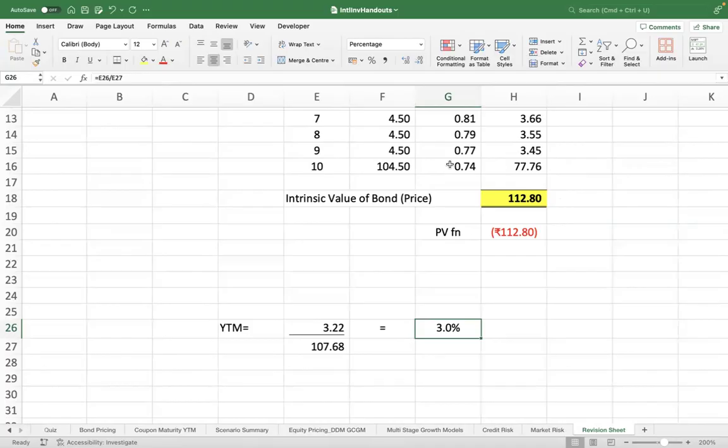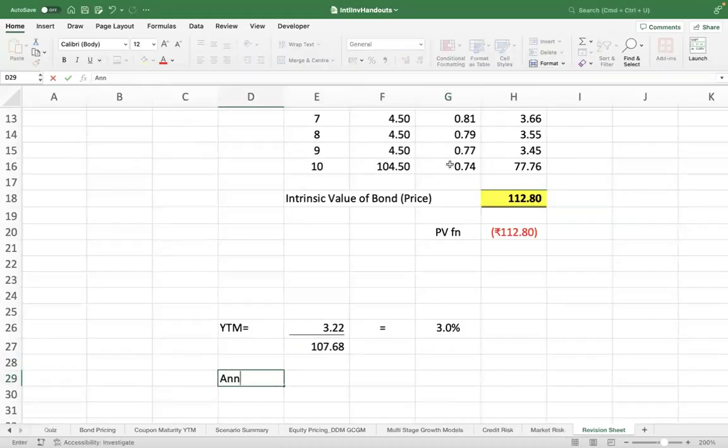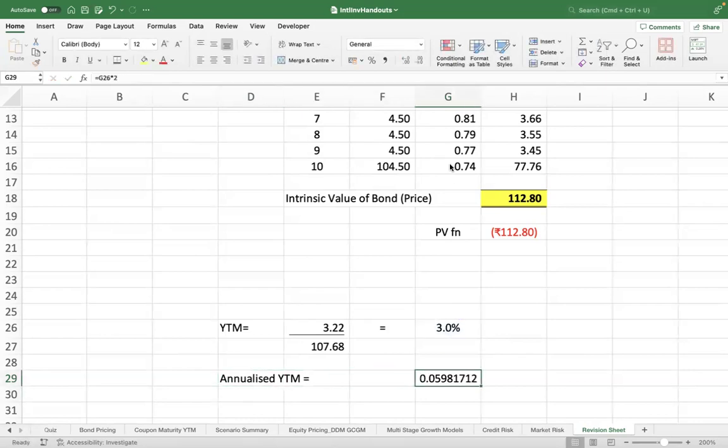So now to annualize this yield, I will calculate annualized YTM, which is 3% multiplied by 2, which comes to 6%. Is that correct?